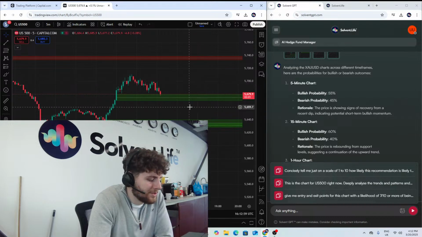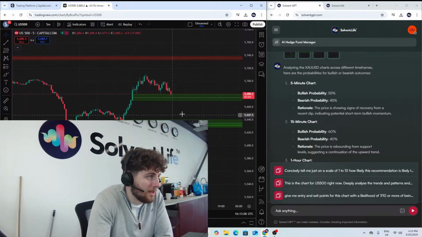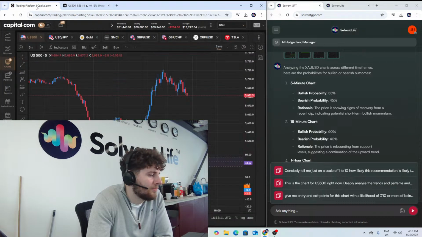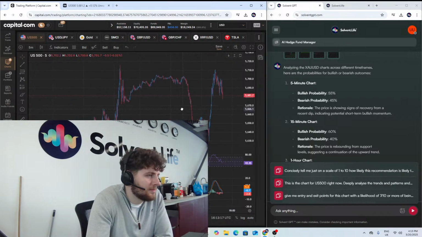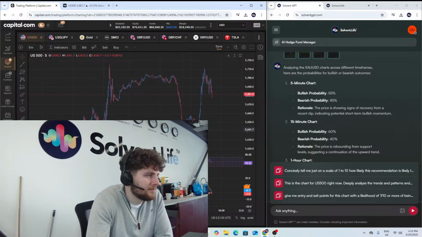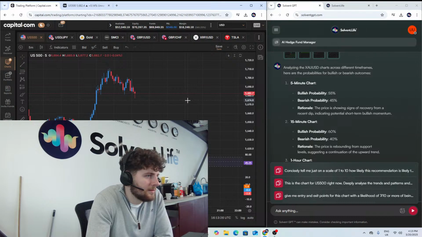I really do want this thesis to be correct, whether it will bounce off or whether it will just wipe out this order block completely. We will see. I just don't think there'd be enough liquidity to go lower than what it's currently at. It's just $2 off.